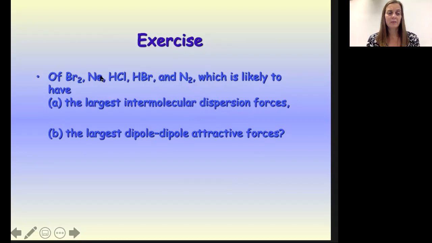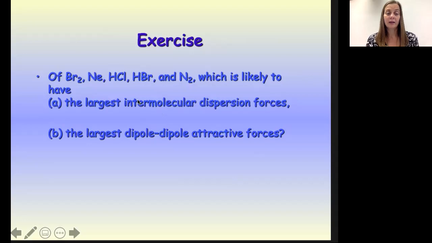This is going to be nonpolar. These two are polar, and this is going to be nonpolar. So we know it has to be one of these two, either the hydrogen chloride or the hydrogen bromide. And since chlorine is more electronegative, this is going to be a more polar molecule. So it's going to experience larger dipole-dipole forces.